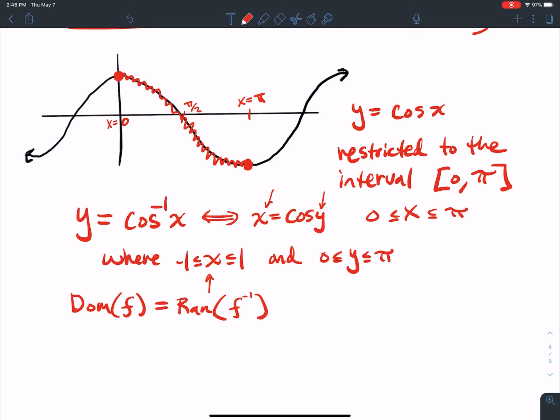With inverse functions, all we do is swap x and y. So if you think of x as your domain and y as your range, literally the domain becomes the range, and the range becomes the domain for the inverse.